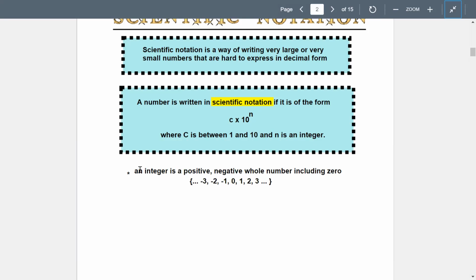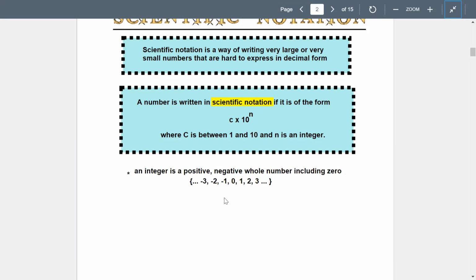They give you a note here that says an integer is a positive or negative whole number, including 0. So it's pretty much any whole number that does not involve decimals. You never want to raise a number to a power with a decimal in it. You're always going to try to do that with whole numbers.